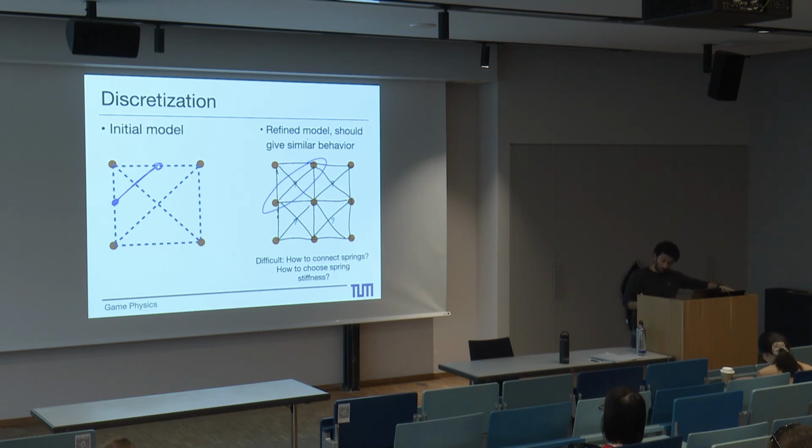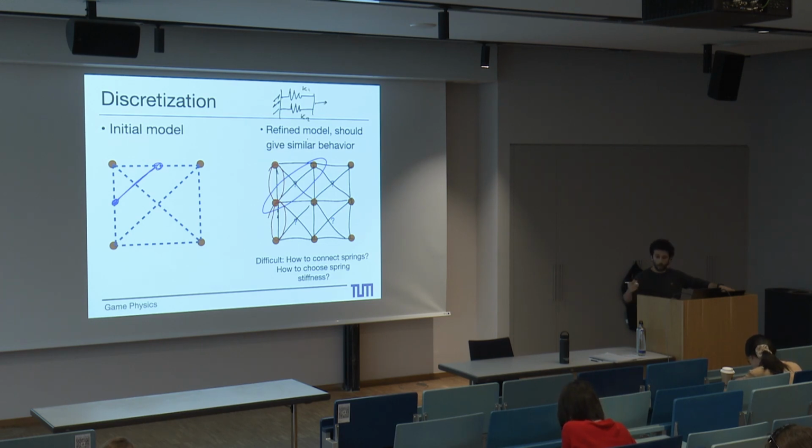But even more critical is the definition of these two springs. So, for instance, first off, there are formulas that give us the value of springs that are in series or in parallel. So if you have two springs, K1 and K2, then you can compute the equivalent stiffness of the spring.